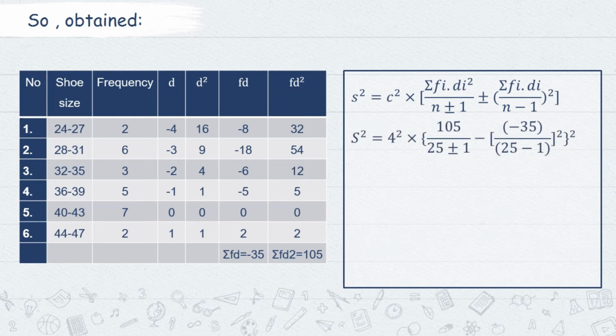So S squared equals 4 squared multiply 105 divided by 25 minus 1, minus -35 divided by 25 minus 1, squared.